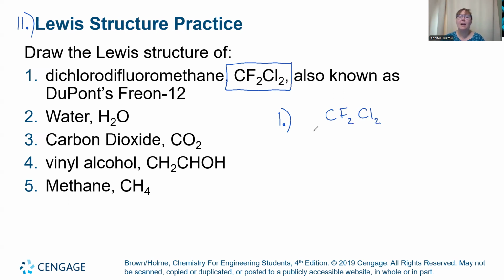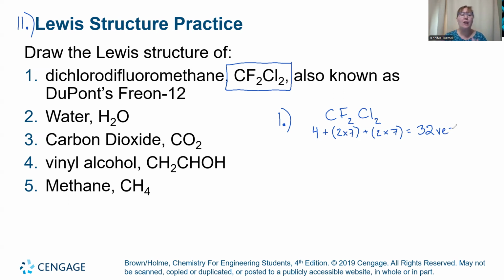Our first step was to count our valence electrons. We have 4 from the carbon, 2 times 7 for the fluorine, and 2 times 7 for the chlorine. So that is 28, and 4 is 32 valence electrons.